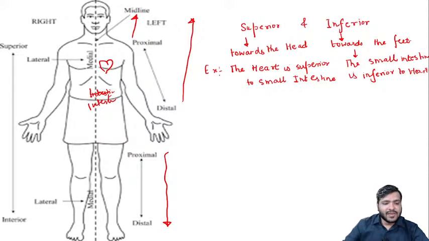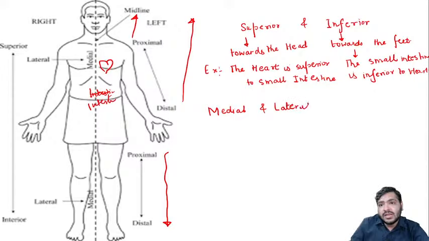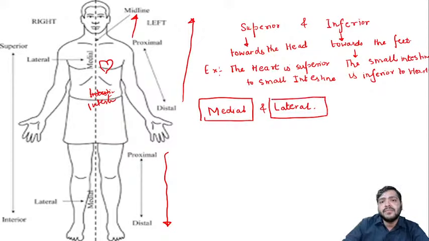Apart from that, guys, coming on to the next one, that is the concept of medial and lateral. Medial and lateral, that is very very important again. Now guys, just see the vertical axis that is passing through the midline of the body.